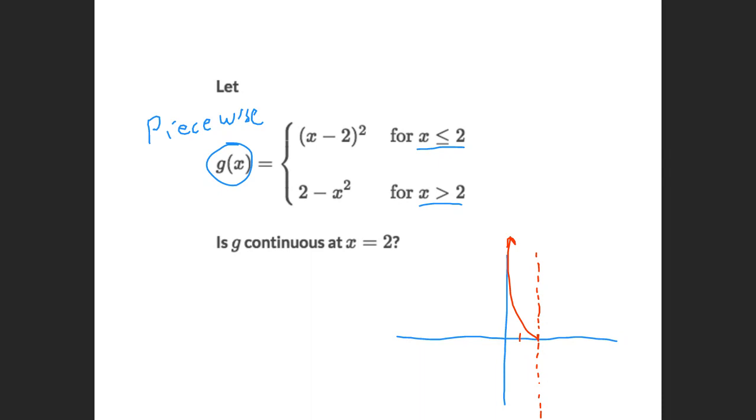Now the second graph, I'm going to rewrite this as negative x squared plus 2. So what really happens in this graph is it's shifted up 2 places, 1, 2, but then it's a parabola that opens down. I'll do this in blue. So it's going to look something like this. It's going to open down like this.